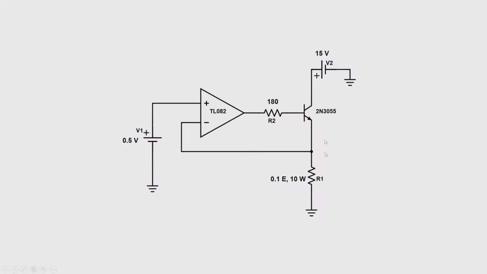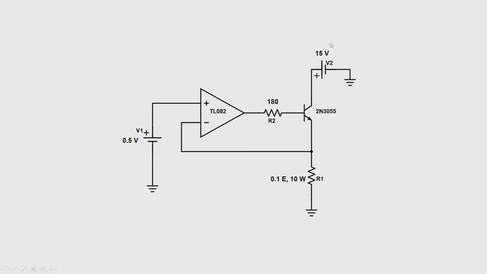Since the emitter is connected with the R1 resistor, the emitter current will be 5 amps, and based upon the principles of the transistor, we know that the collector current and the emitter current are approximately the same, related by a proportionality constant alpha. As a result, the collector current will also be approximately 5 amps.